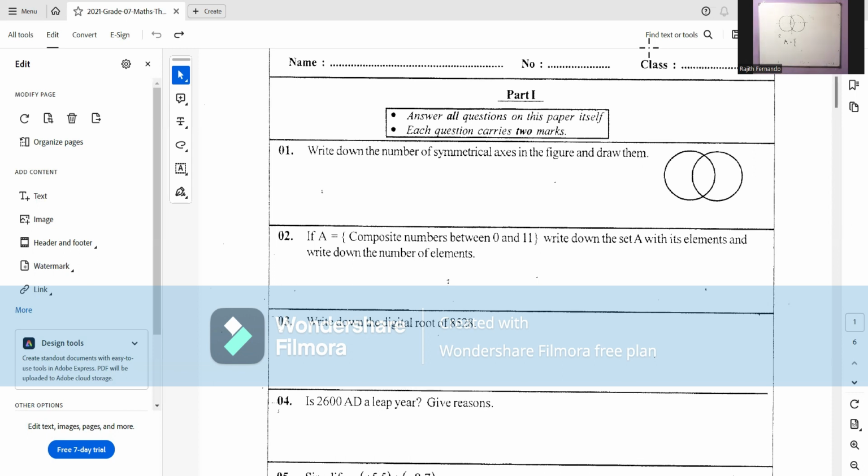Then if you are asked to write composite numbers, what are the composite numbers? You already know the prime numbers, right? Other than the prime numbers, other numbers we can express as composite numbers, right? That is why we call them composite numbers.